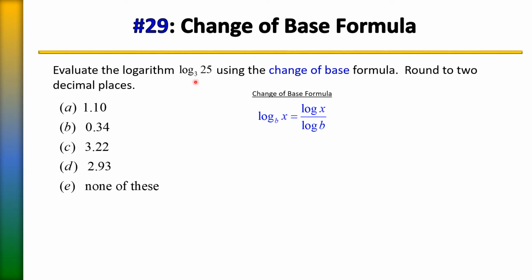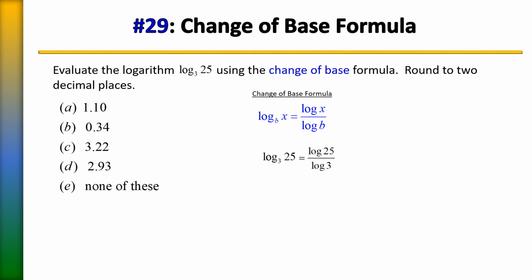So using the log we're given, it would be log 25 on top, and then moving backwards here, log 3 on the bottom. So it will be log 25 over log 3.